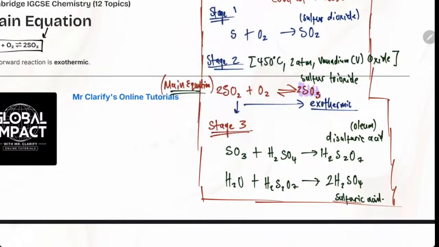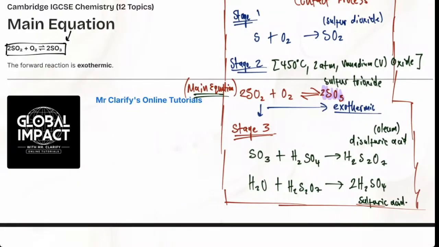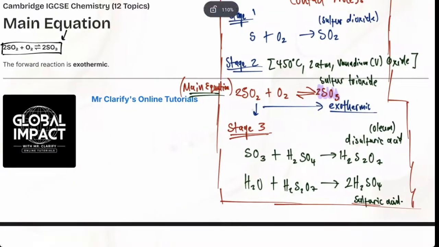Did I balance this equation correctly? 2S, 4 becomes 6, becomes 6. Yes. Okay, good.